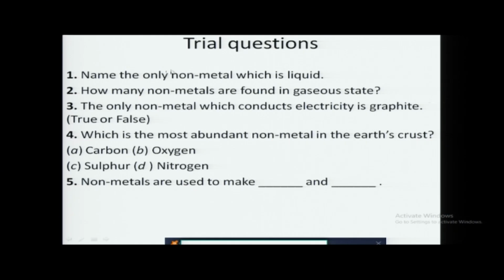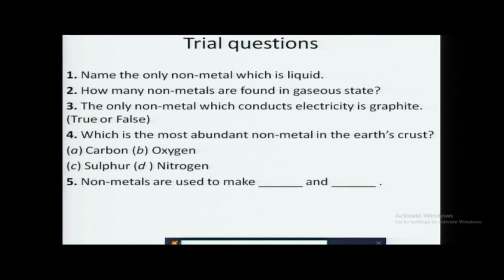The first question is, name the only nonmetal which is liquid. Remember we have talked about nonmetals being in a solid state, in a gaseous state, and only one being in a liquid state.